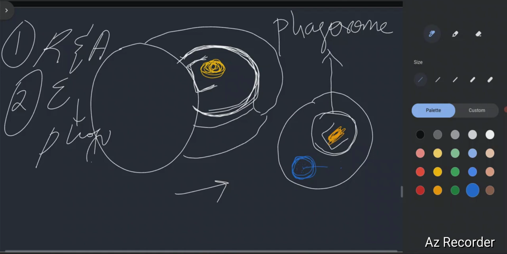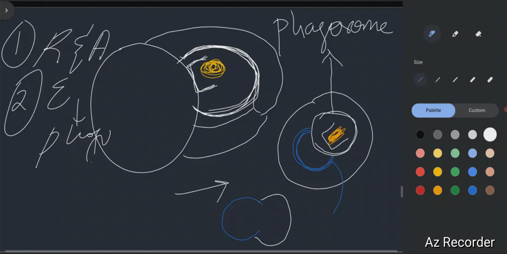So what happens, our neutrophil fuses this lysosome with the phagosome, okay, like this. There is fusion of lysosome with phagosome. And you know that in phagosome you have antigen and receptor, right? Okay, now you will have something like this. Let me make it here. You have your lysosome and then you have your phagosome.